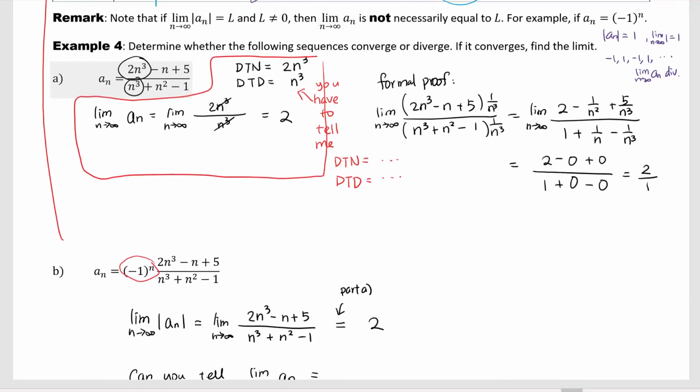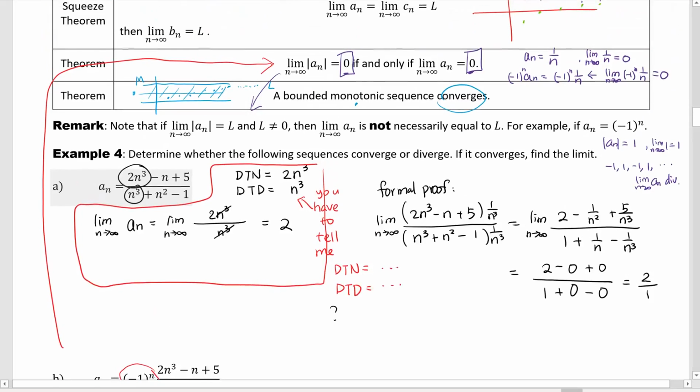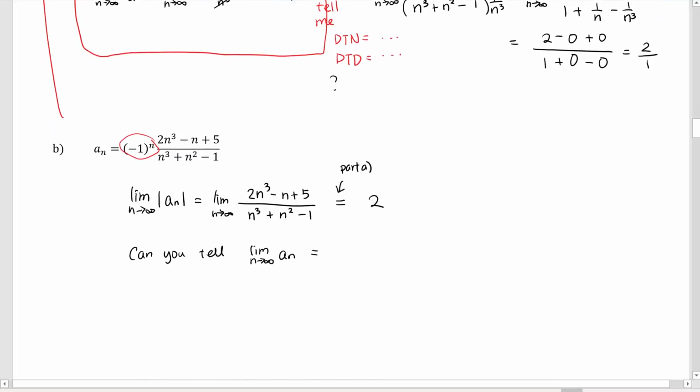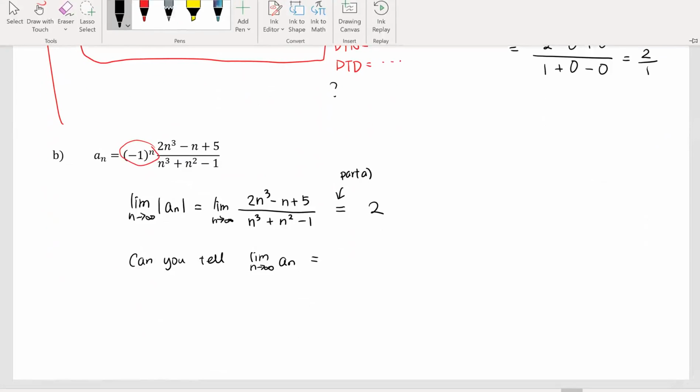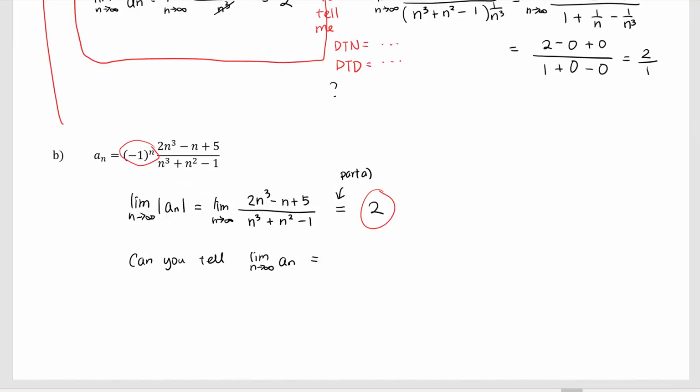Okay, look at our theorem. When we have the limit of the absolute value of a sub n is 0, then we can tell the limit of a sub n is 0. But here, do we get 0? No, this is not 0. But actually we know what a sub n is.